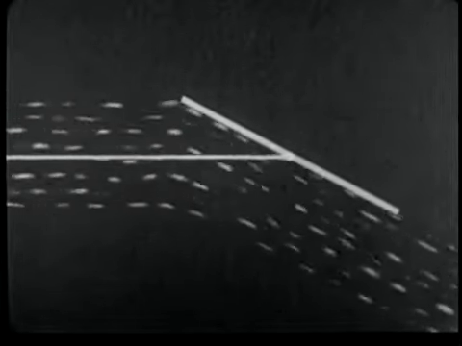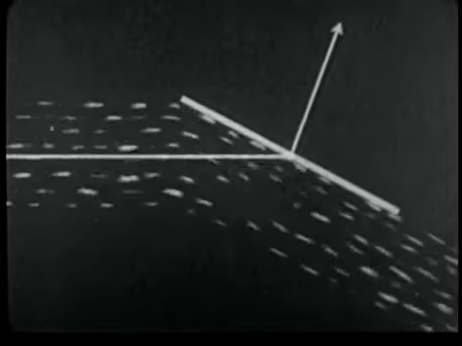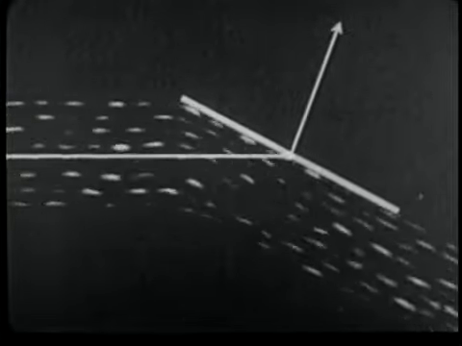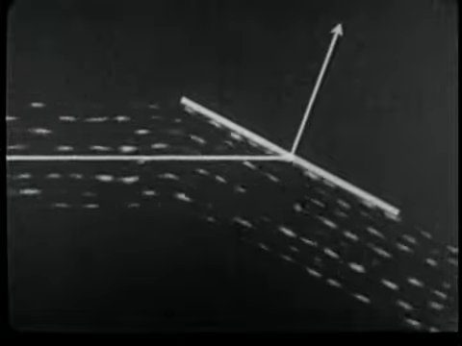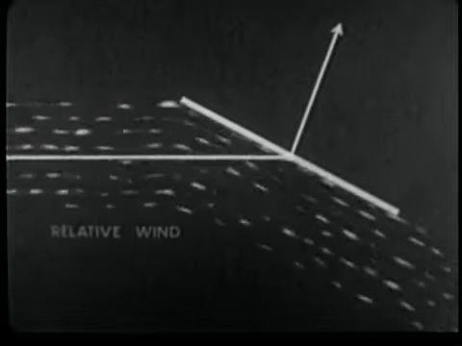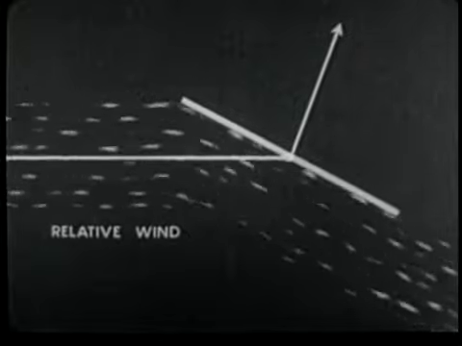An air stream flowing past a flat plate exerts upon it a force whose direction depends upon the angle between the plane of the plate and the direction of airflow. This force may be analyzed into component forces, which are called lift and drag.